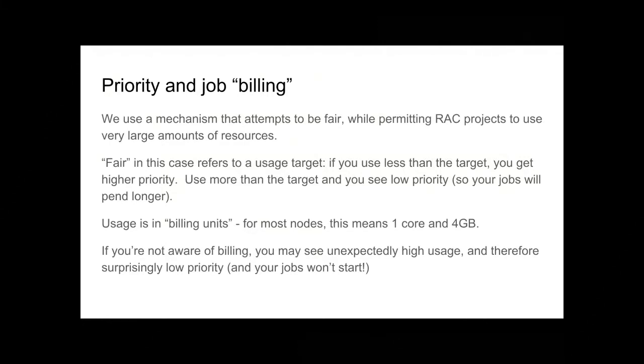And this may be surprising. So for instance, if you use one core and hundreds of gigabytes of RAM, your billing for that job will be quite high. So if you use 200 gigabytes of RAM, your billing will probably be 50. Well, it sort of depends on how the job is laid out. But that can affect jobs staying in the queue as well.